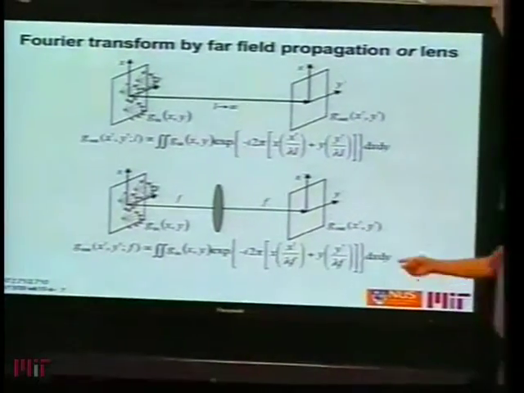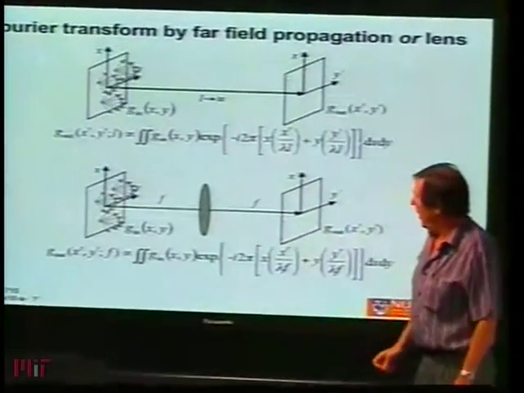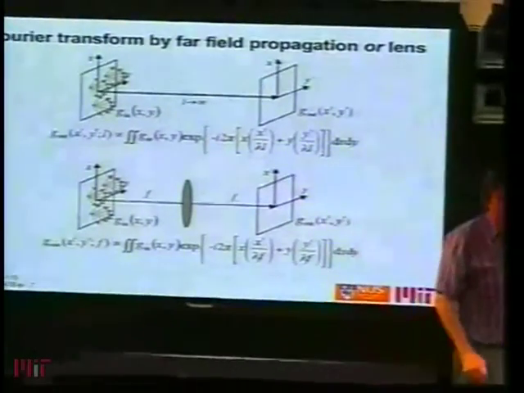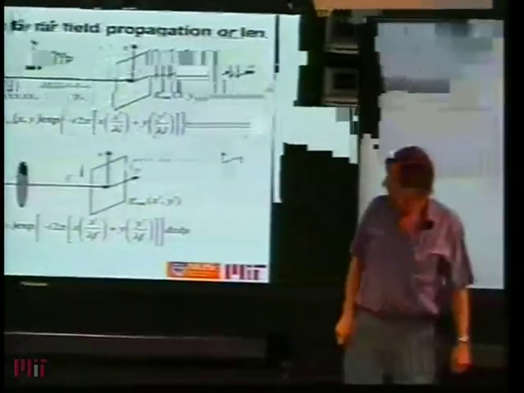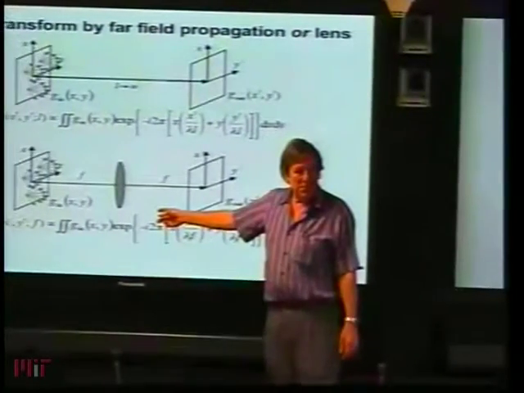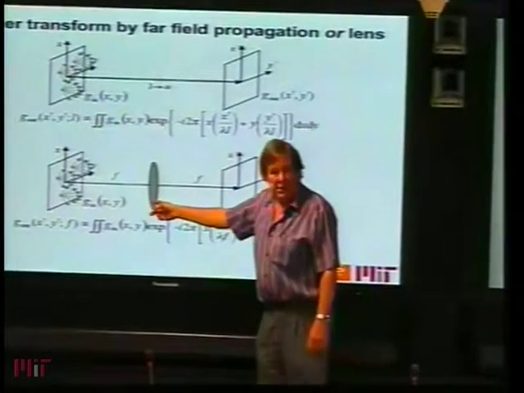And now we've just looked at this other case where we don't have to have a very large lab in order to do this experiment. We can actually make the experiment quite small so that it fits on top of the table just by using a lens.